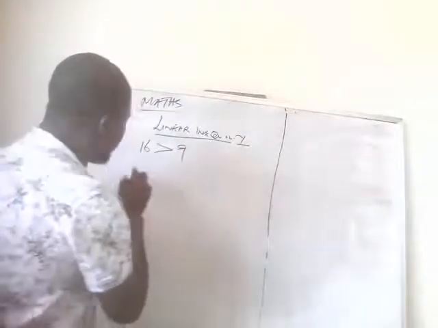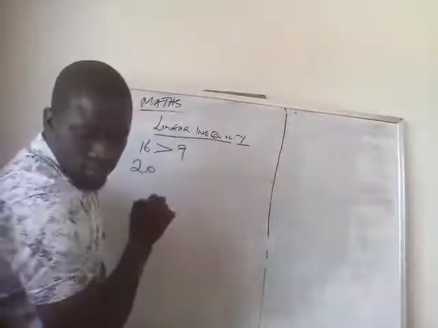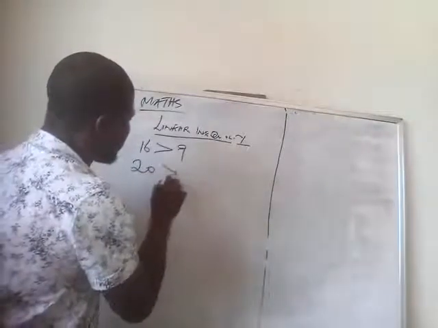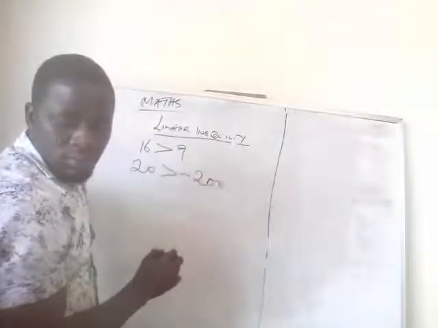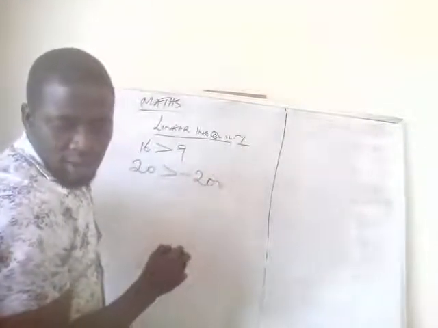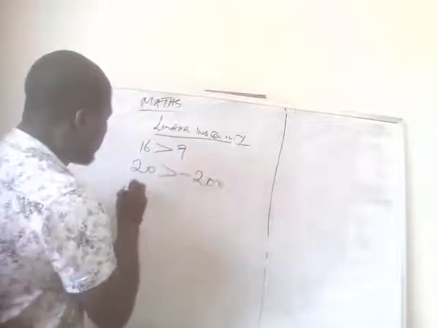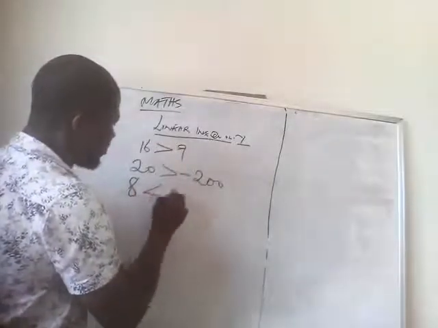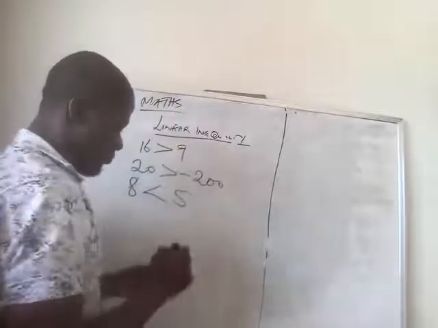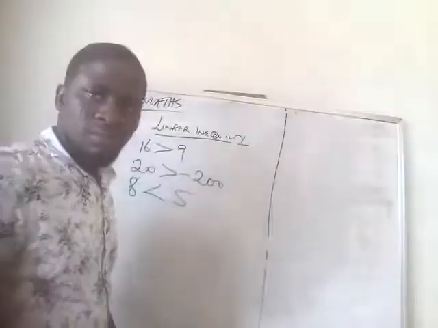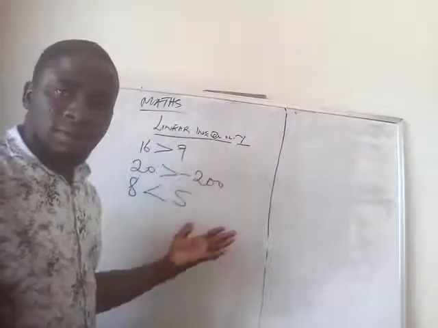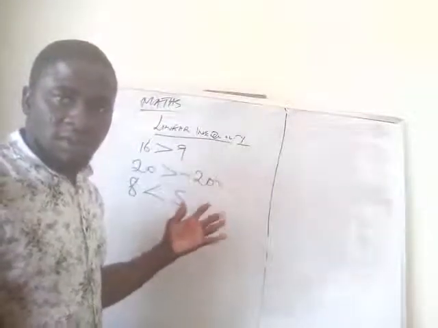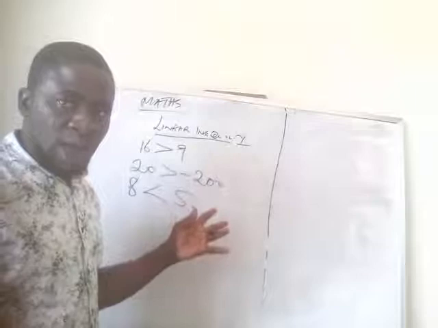You also have 20 is greater than minus 200. Lastly, let us not take our time, 8 is less than 5. From these three now, they said we should state which one is true and which is false.